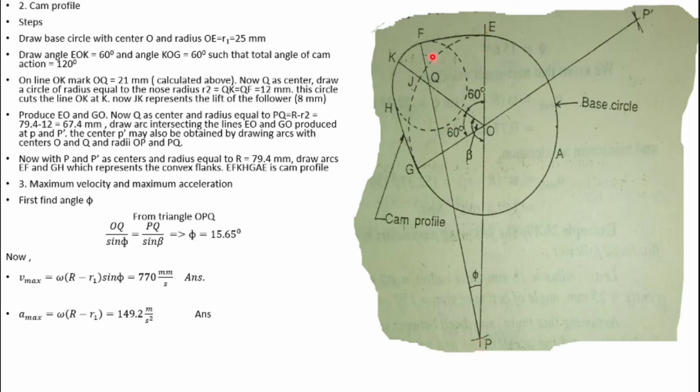Q as center, with a radius equal to QP, draw an arc so that it cuts the EO produced at P, and P is the center for this flank radius.